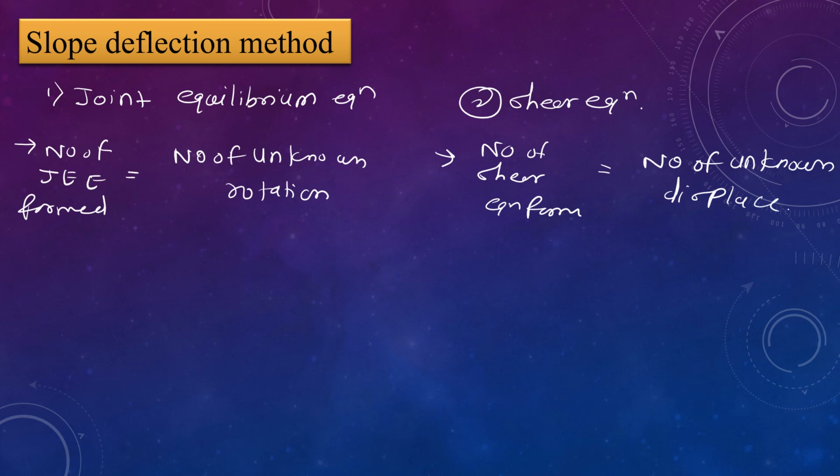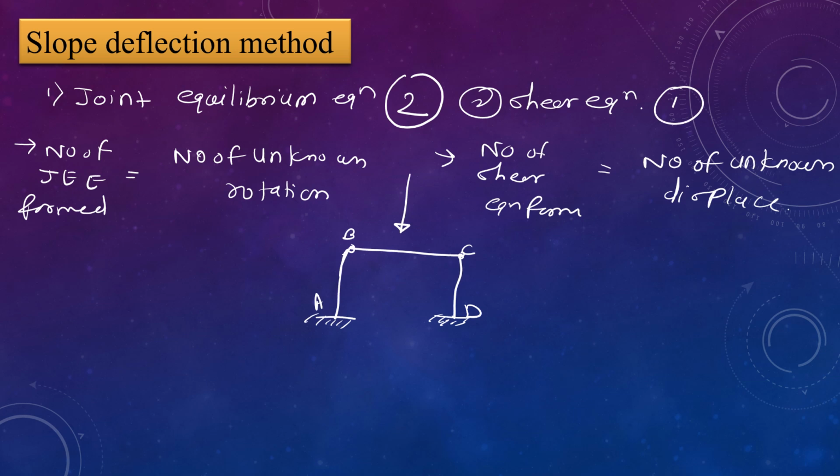Here we consider one example to differentiate between the joint equilibrium equation and the shear equation. This is a frame with fixed supports, with joints A, B, C and D. Here two joint equilibrium equations are required to solve this kind of frame, because two joints are there except the supports, and one shear equation is required to solve this frame.